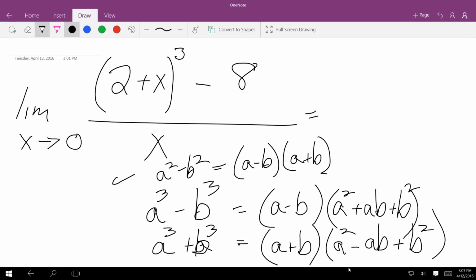And you'll see what I'm talking about. What's 2 plus x squared? Wait. Let's square it first, and then we'll multiply it by another 2 plus x. Oh, okay. So, 4 plus x squared. No, 4 plus 4x plus x squared.